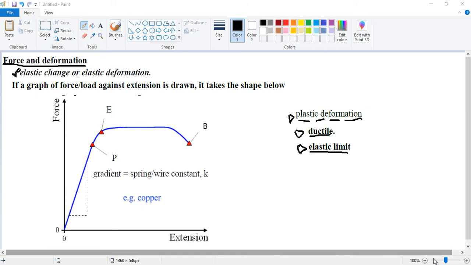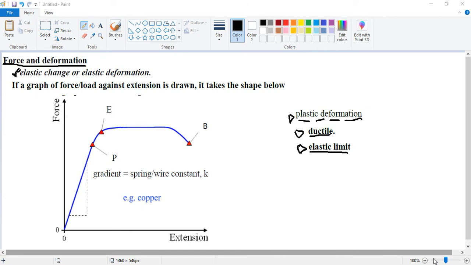This is only possible if small loads have been added to the material. Remember, every time you add a load, the extension increases. Every time you add another load, the extension increases. So the extension increases gradually as the load is increased gradually.